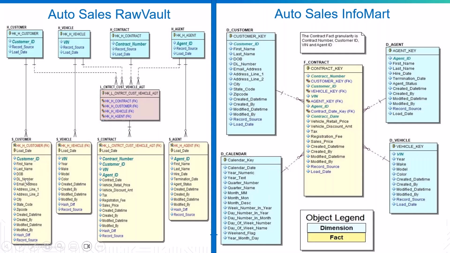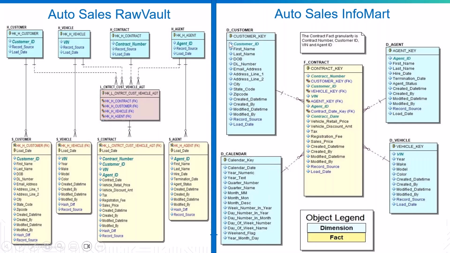So if you want to do a type 2 dimension, my example is a type 1, but if you want to do a type 2 dimension, it's easy to do because you've got that date. Okay, so here we go. We've got our customer. We're going to map this customer satellite, raw vault satellite, into our dimension. You can see all the attributes are in there. And then this customer key is actually that hash key. Okay.